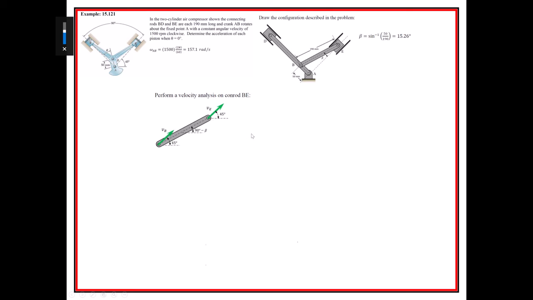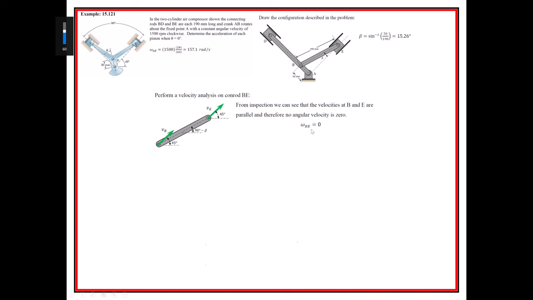And if you remember anything about that, that means that if we tried to draw an ICR, it would be infinite, right? That these two parallel lines would never cross each other, and therefore they must be in pure translation. So the angular velocity of the connecting rod happens to be 0.